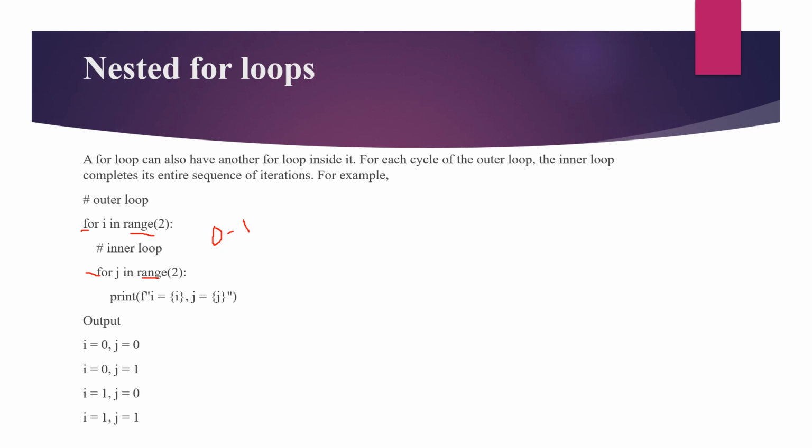Again it will go here, i equal to 0, then j equal to 1. Now again it will go here, i equal to 1, then j equal to 0. Again i equal to 1, j equal to 1. So this is the output, showing how the nested for loop works.